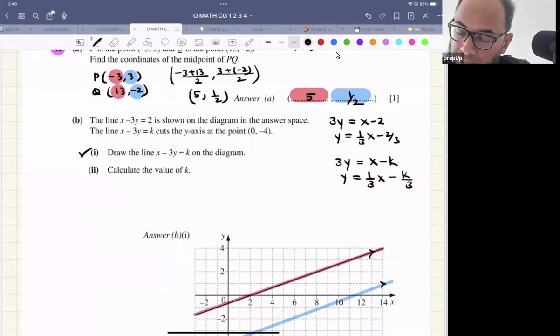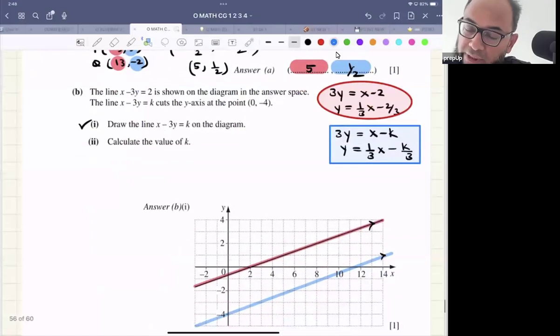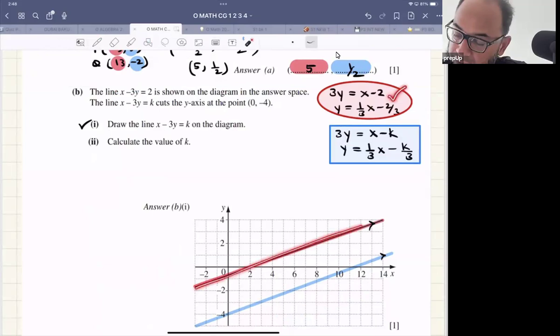Now first of all, it's a nice conceptual question. This is the red line, and over here this is the blue line. This was the line that was given, and as you can see the y-intercept is negative 2/3.